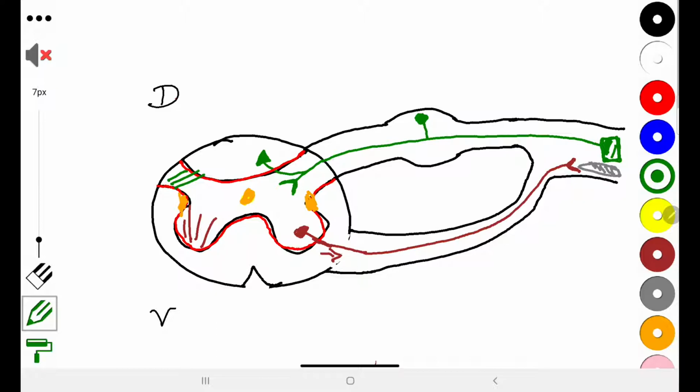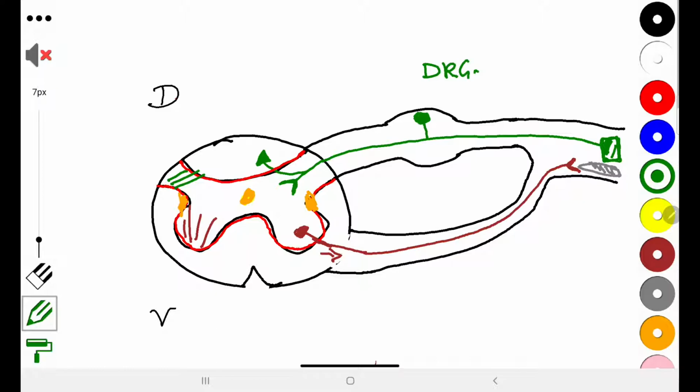And the sensory neuron, as I said, has its cell body away from the spinal cord in an area known as the dorsal root ganglion.